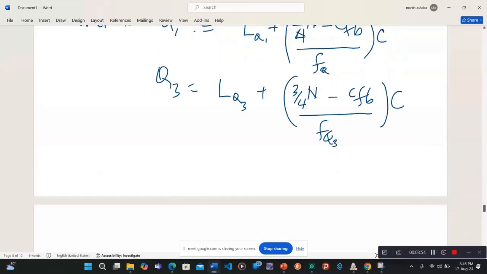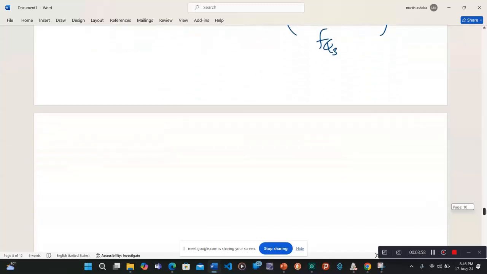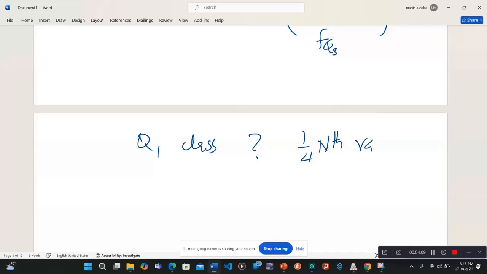So what does that mean? You need to calculate how you can get the Q1 class. So the Q1 class will be the 1 out of 4 nth value. So you go to the cumulative frequency column. What is 1 out of 4 times 12?